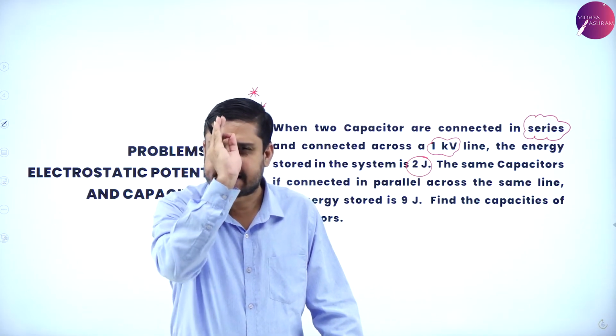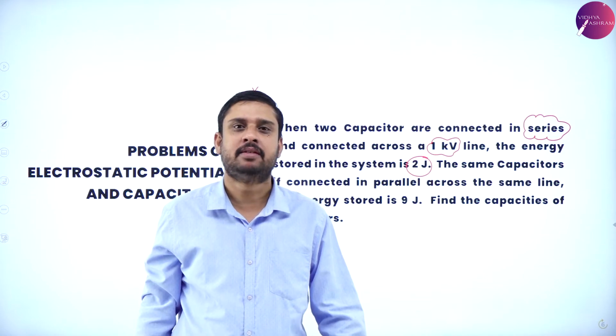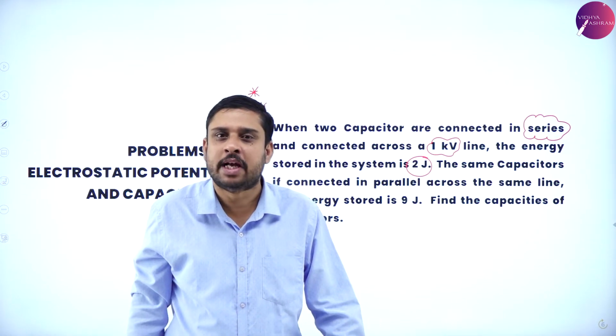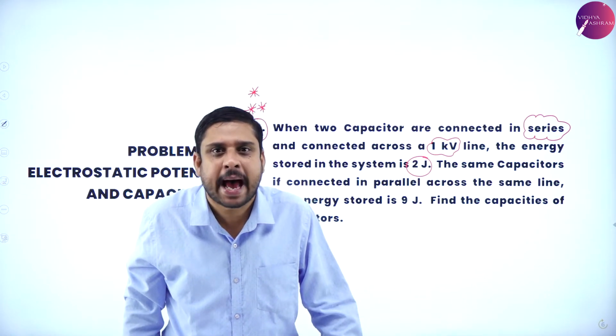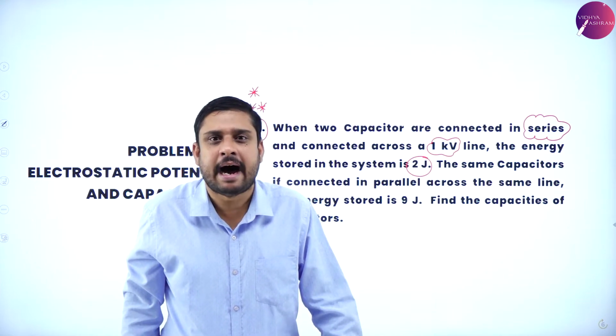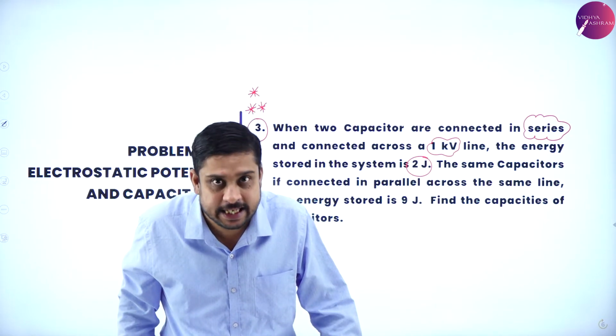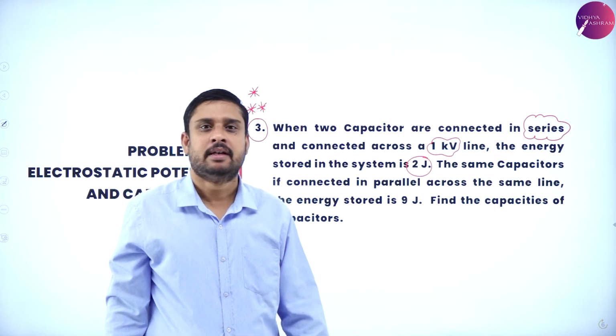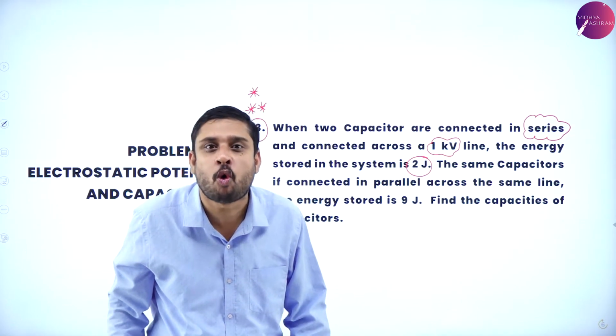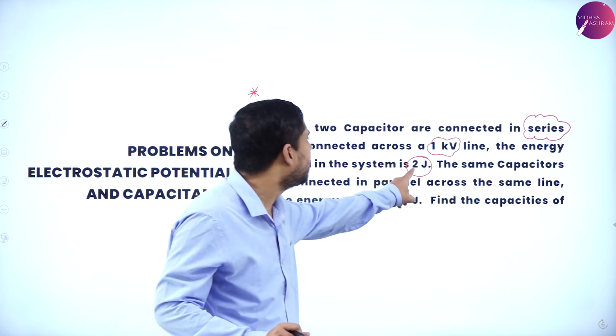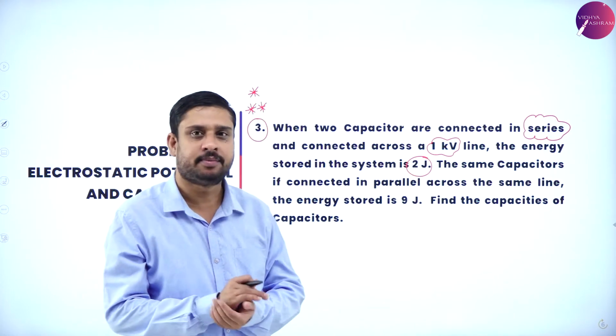In simple terms, when two capacitors are connected in series, the energy stored in the combination is 2 joule.